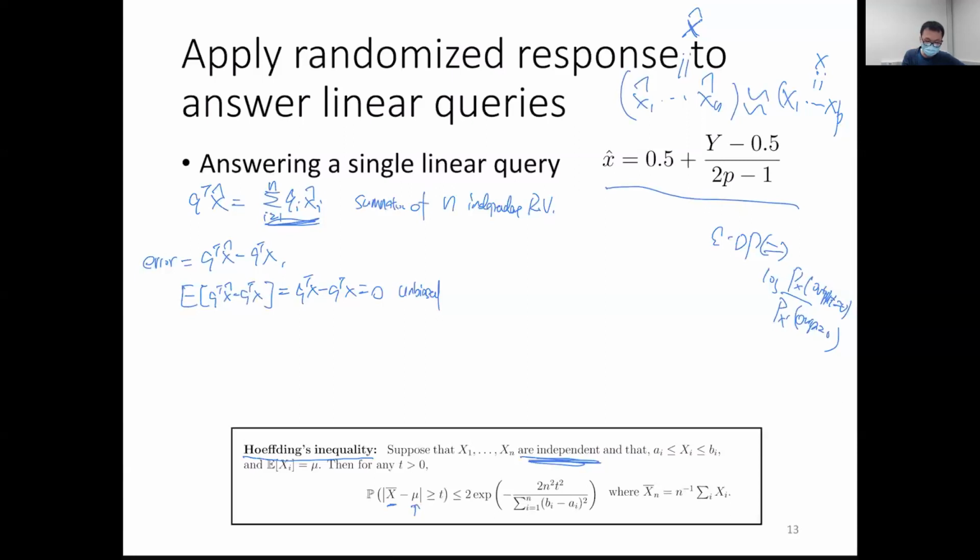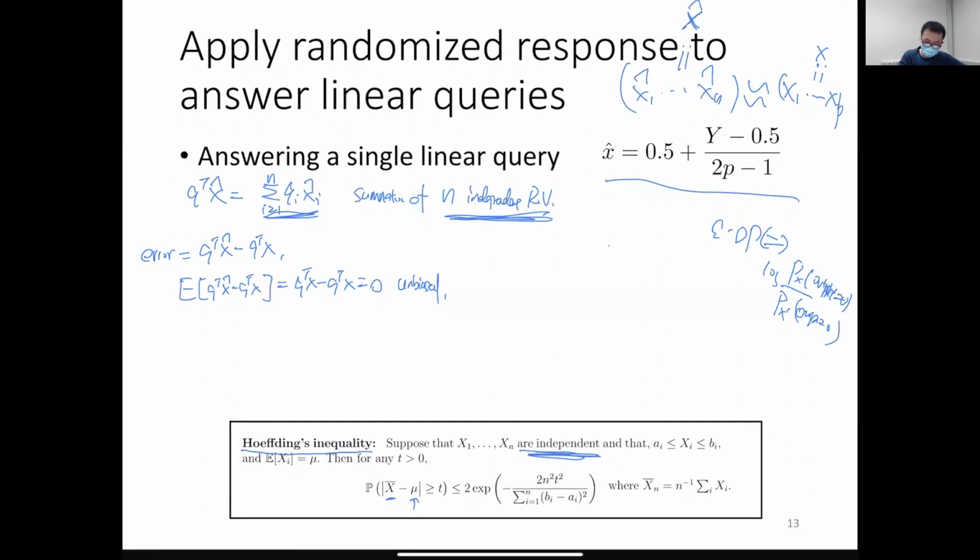We've already established that they are independent random variables, because the randomized responses are independent. The only thing we need to verify is to calculate what the bi and ai parameters are for each independent random variable. The random variable is qi x hat i, and we know that qi is between 0 and 1.